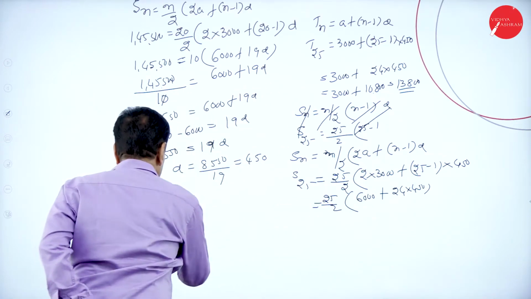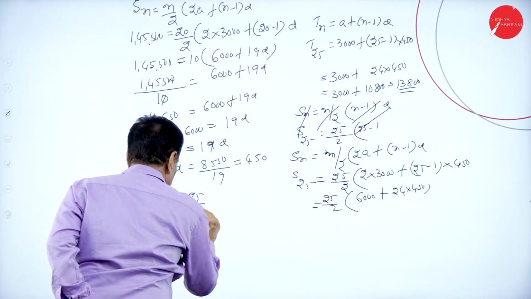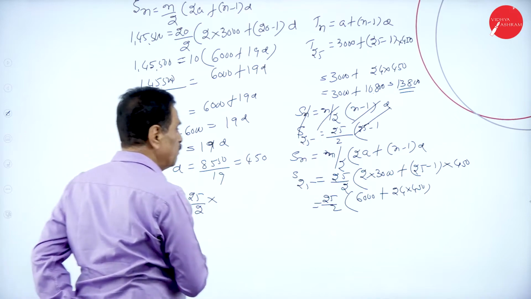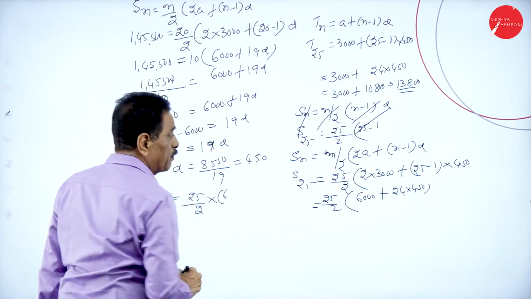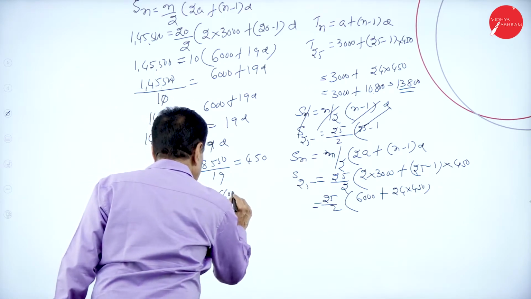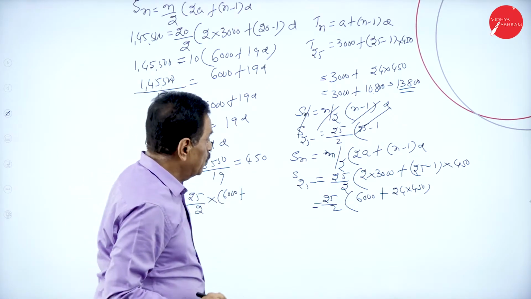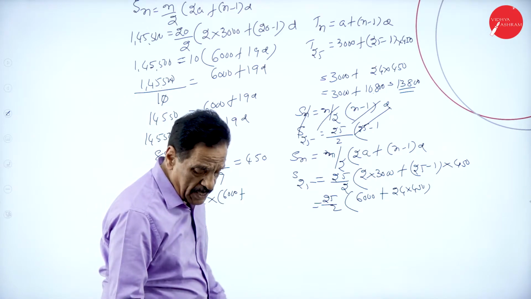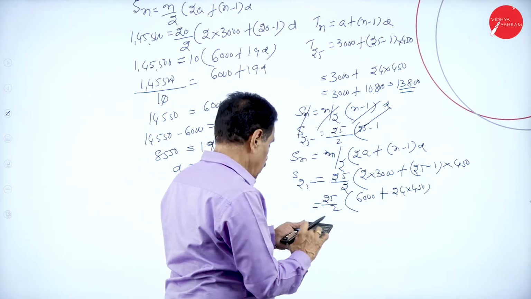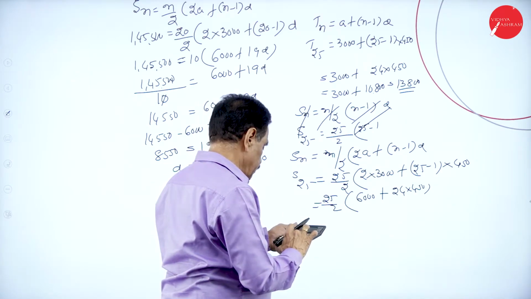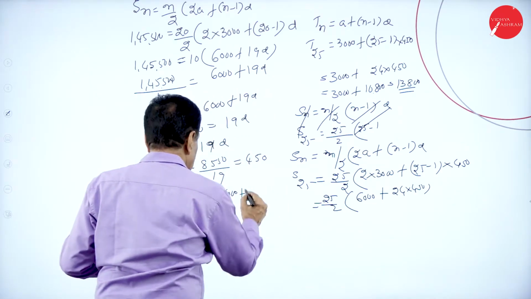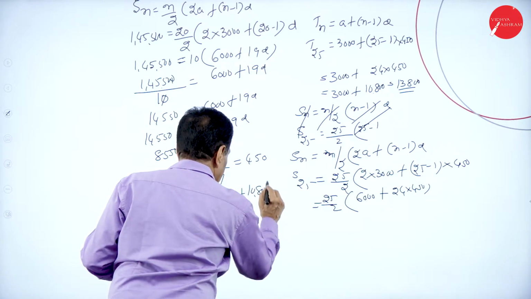So this is 25 by 2 into 6,000 plus 24 into 450, which is 10,800.